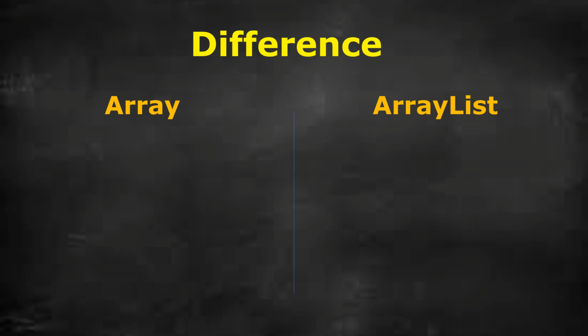In our previous video we talked about array, and there are a few differences between array and ArrayList. If you want to use array, you must include the System namespace, while for ArrayList, you must include System.Collections.